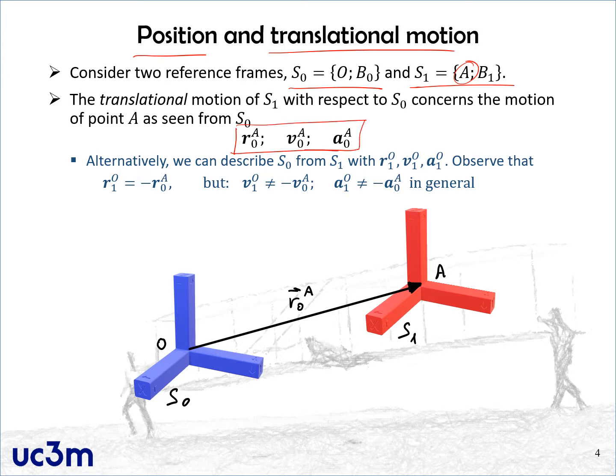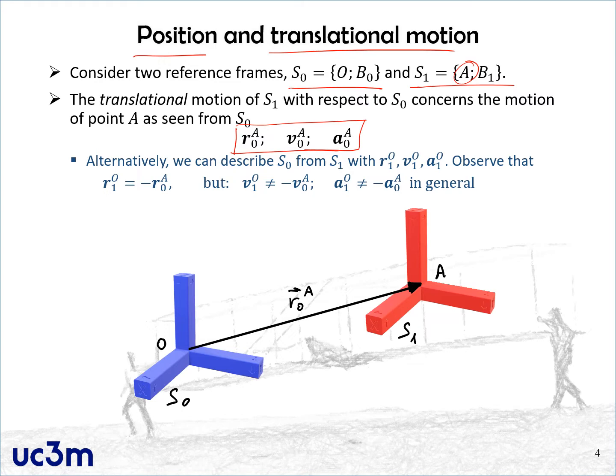So just as with any other point, okay, imagine a point particle P, if we want to describe the kinematics of a point, we have to provide the position, velocity, and acceleration of that point. So basically, that's what we have to do here. And if we give this information, then the motion of the origin of S1 is completely determined.